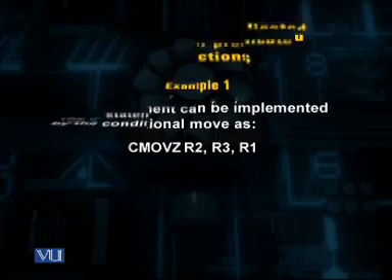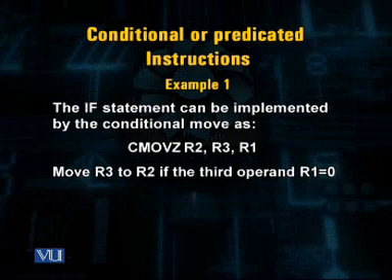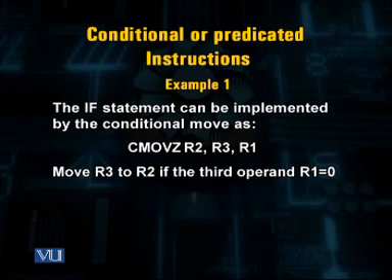Here, the third register R1, in this case, represents the predicate register. So this instruction will move the contents of register R3 into the register R2 only if the third register contains the value equal to 0, which is in fact the required condition.